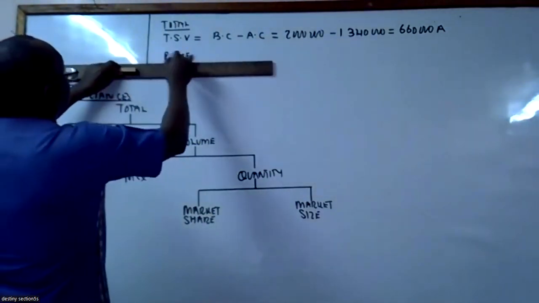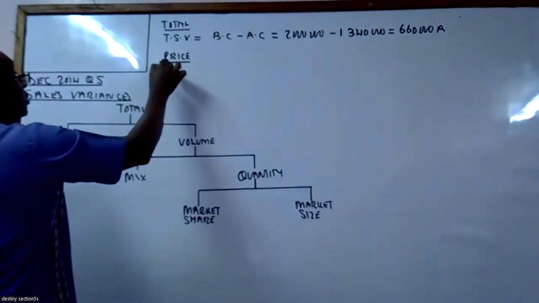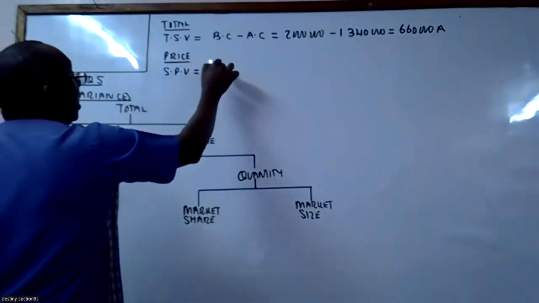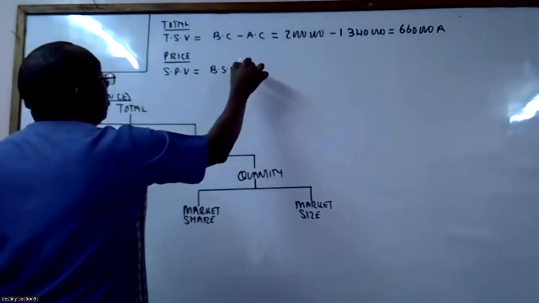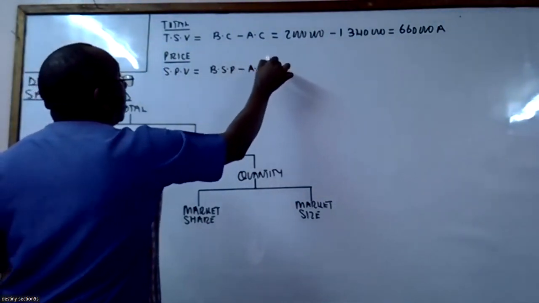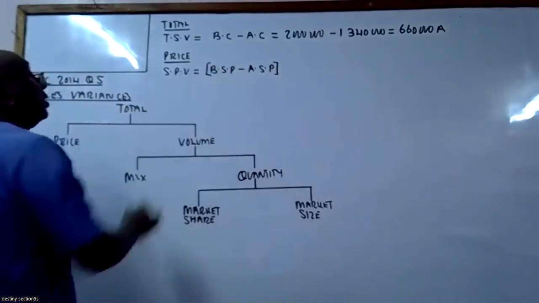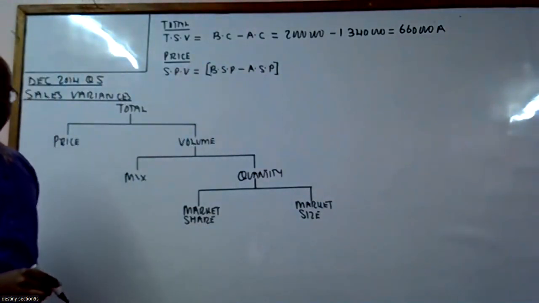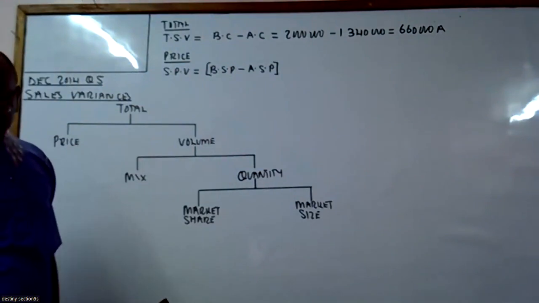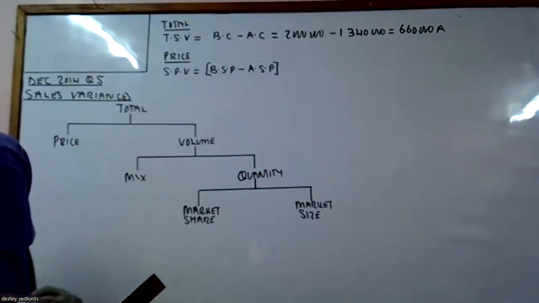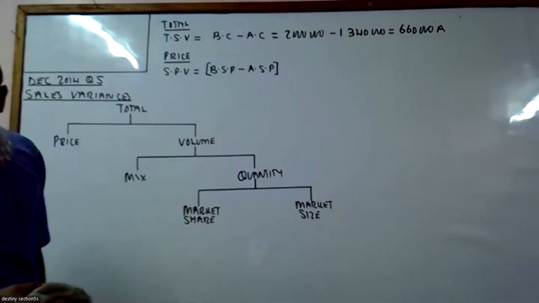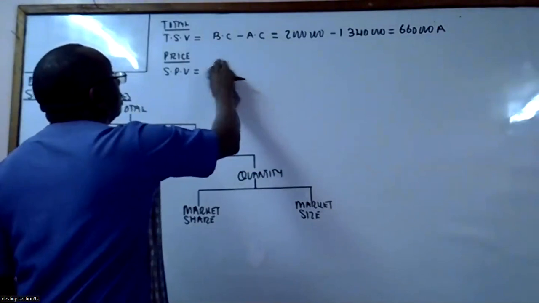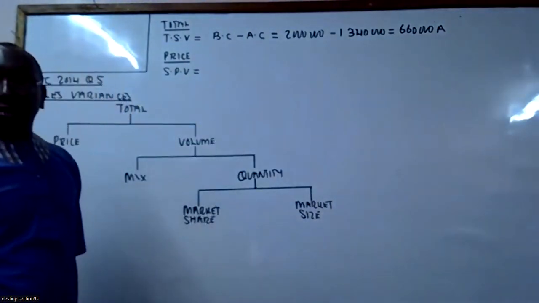The sales price variance is given as budget selling price minus actual selling price. Actually, let me not use that formula for now, because we will use it in the reconciliation.